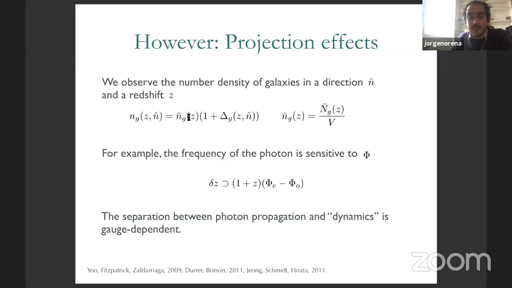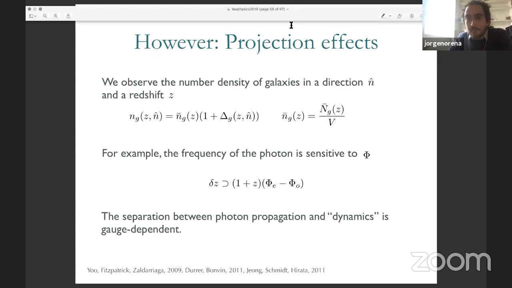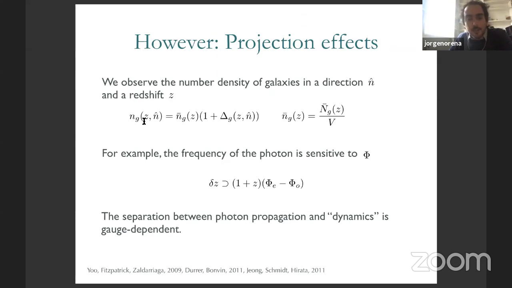Just to give you an example of some relativistic effects, we observe the number density of galaxies at some redshift in some direction of the sky. This is what we actually observe.